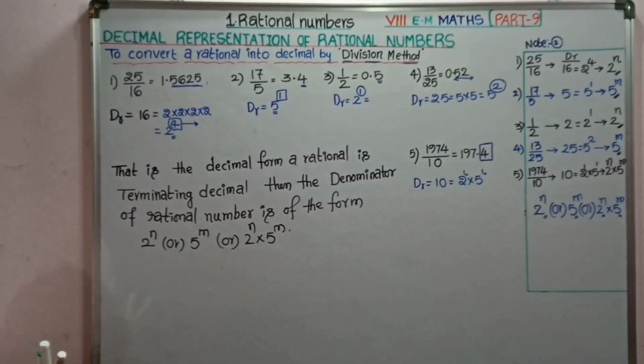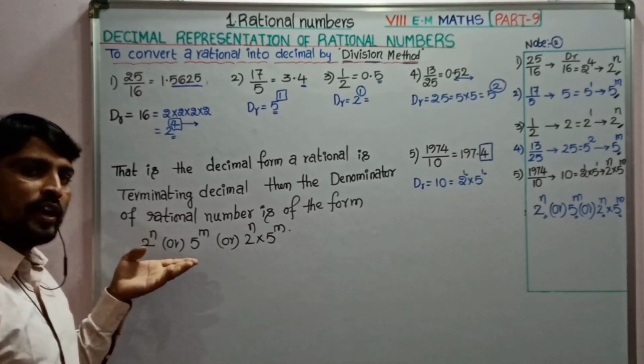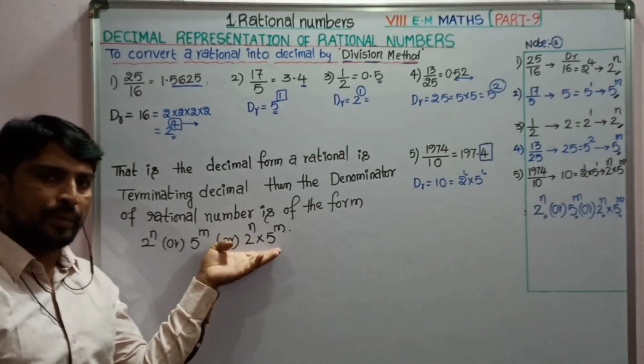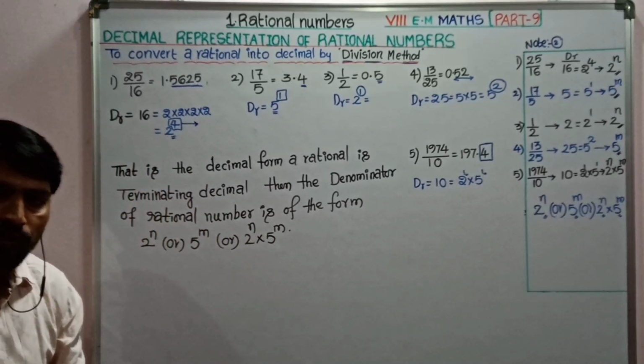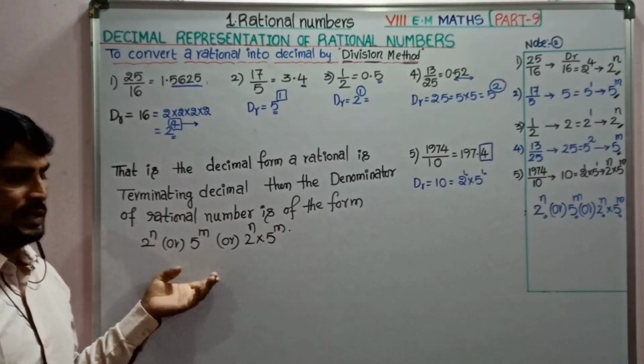That means if the denominator of a rational number is of the form 2 power n into 5 power m, then the decimal form of the rational number is a terminating decimal. It is a most important concept.